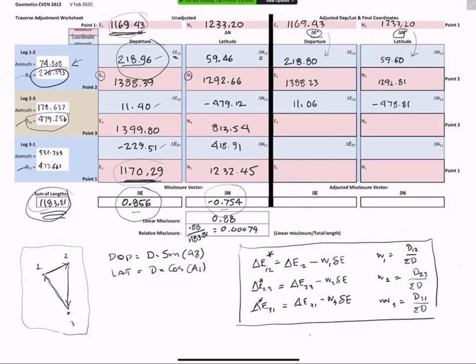And then for the corrected coordinate for point 3, I am going to add the 11.06 to the 1388.23. So these are incremental. Each one of the deltas takes you from the previous coordinate to the next one. And those results will give us 1399.29 and 813.99.